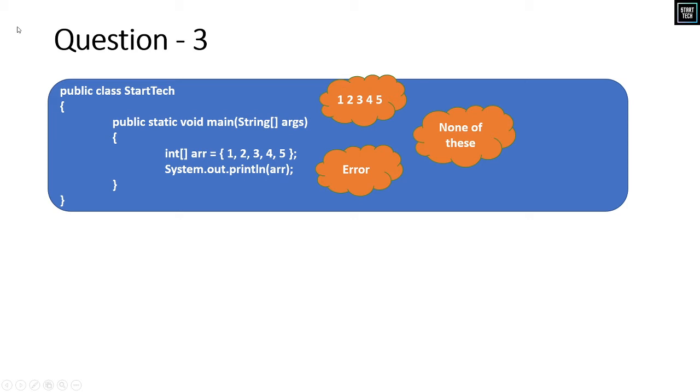So the answer is it will give us hexadecimal numbers as an output. Why hexadecimal numbers? Why not 1 2 3 4 5?